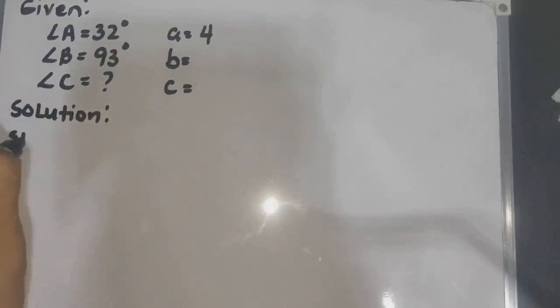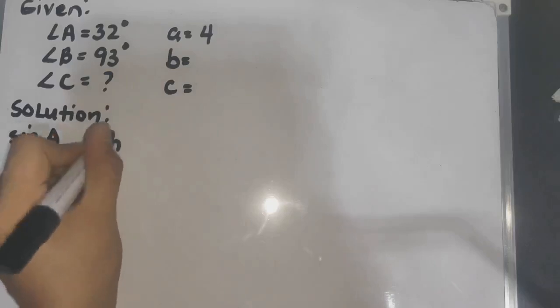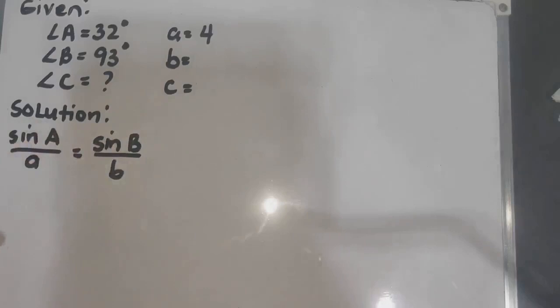Okay, so sine of angle A over side A is equal to sine of angle B over side B. Then, isa-substitute natin kung ano yung given natin.